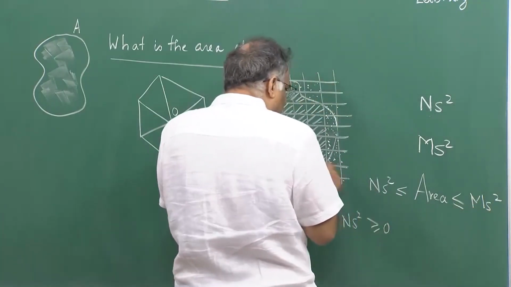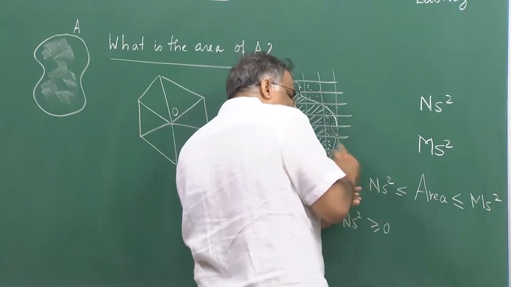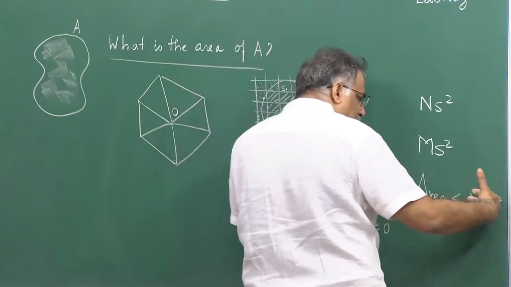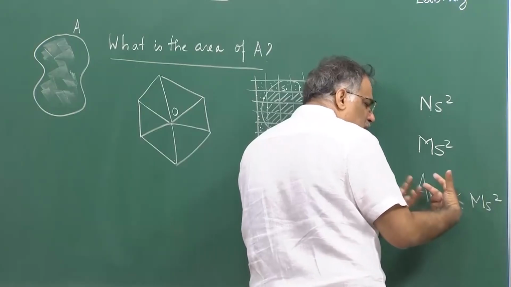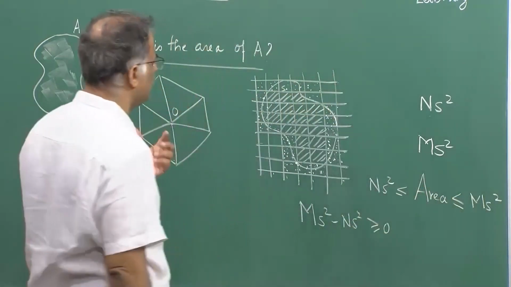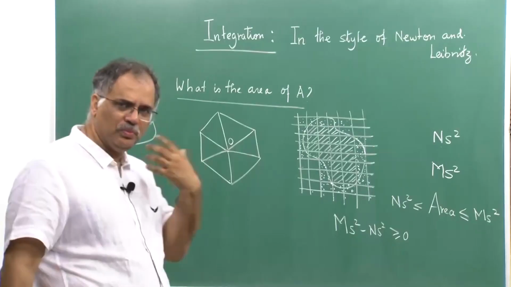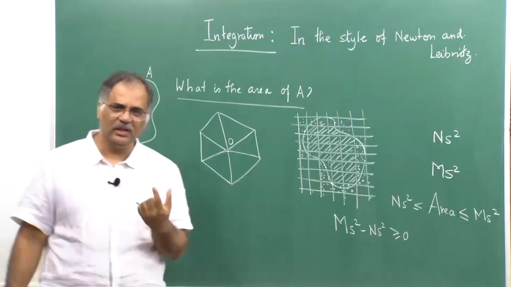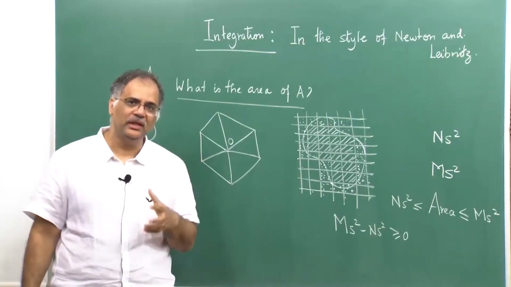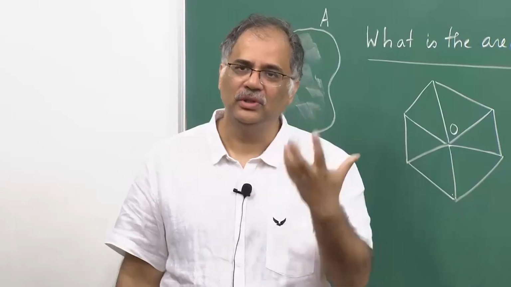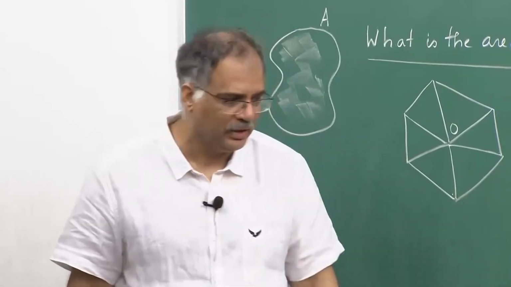The more rectangles would come inside the body and hence finally they would converge in the limit to the area. That's essentially the concept. By the way, this concept is what Archimedes used to find the area of the circle and hence also the number pi, right.